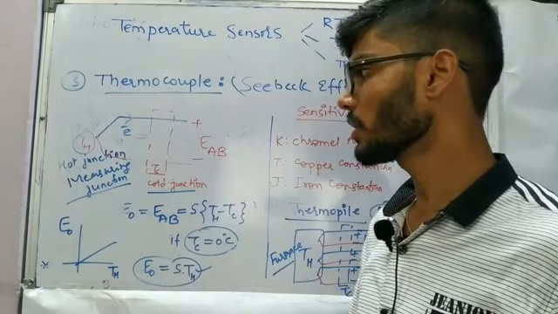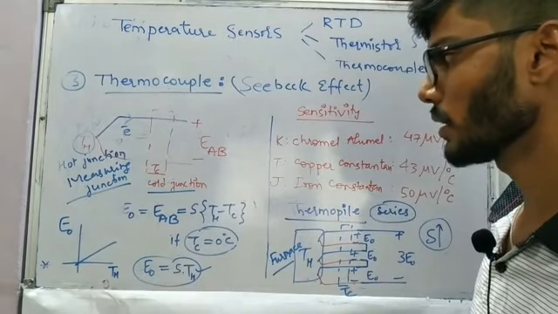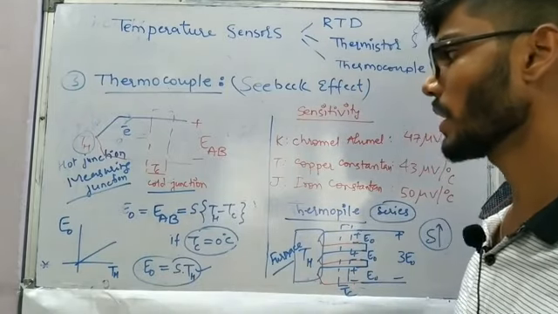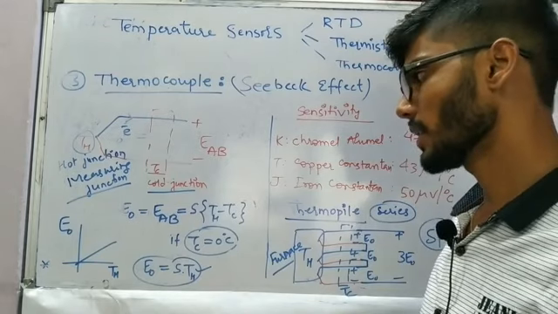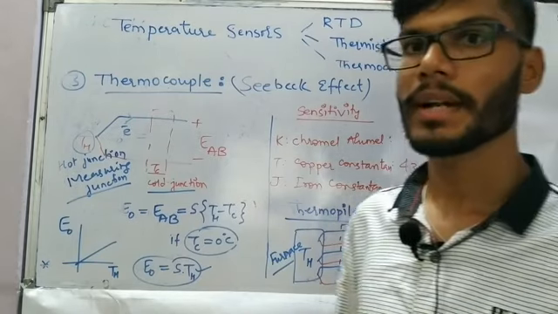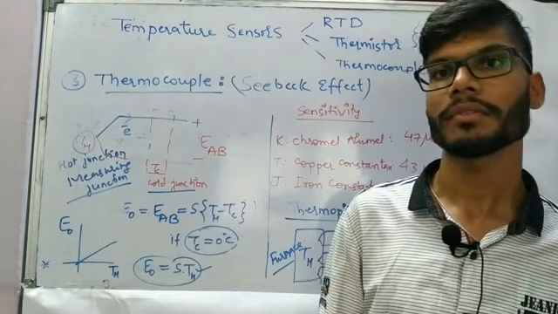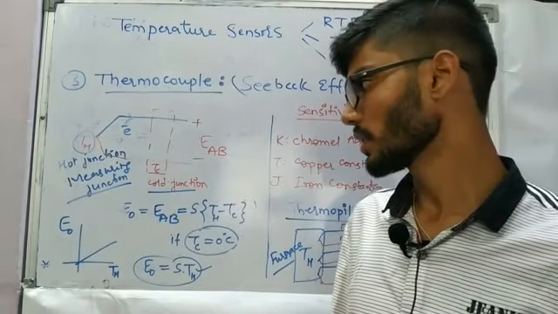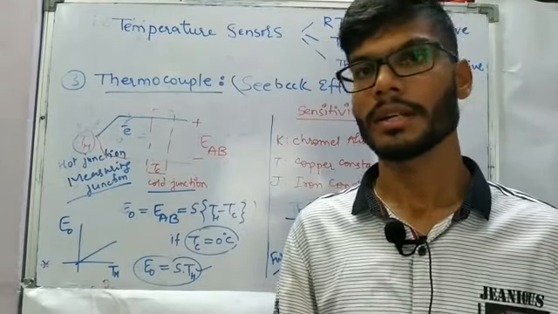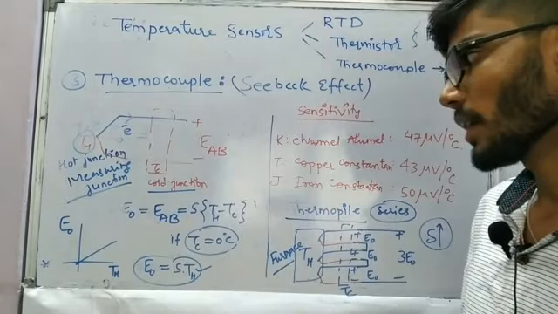So the output E naught AB is going to be given as sensitivity into T hot minus T cold. We have to keep in mind that the output we get from the thermocouple is the difference of the temperatures of the hot junction and cold junction.